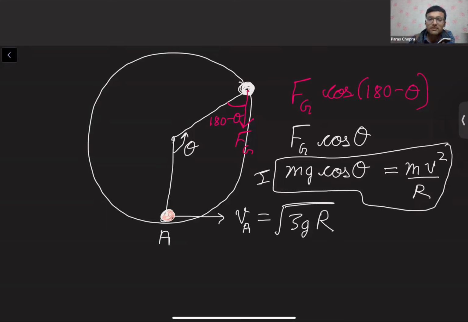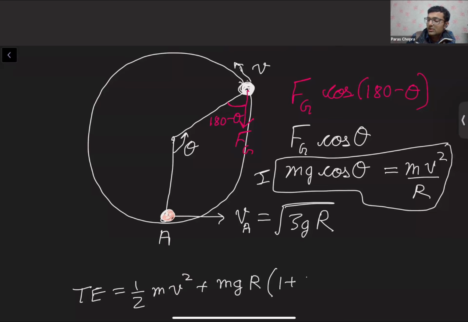The second equation we will get from the conservation of energy. अगर यहाँ पर velocity v है तो यहाँ पर total energy हो जाएगा half mv square plus the potential energy which is mgr(1 plus cos theta). So basically we will find the potential energy at the topmost point.